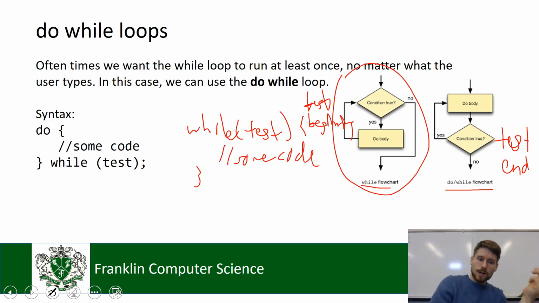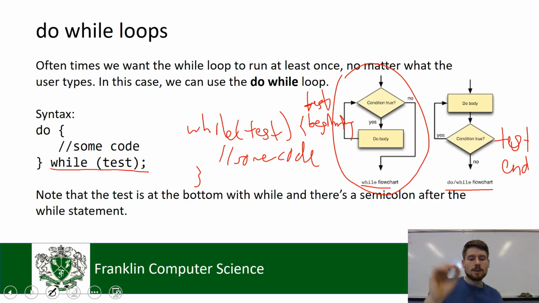Now we say do at the top, open curly brace, close curly brace, some code in between, and then you put the while test, and there's a semicolon at the end of that at the bottom. Note that this test is at the bottom. That's to remind you that the test is happening at the end, that the test is the last thing you do, and then if the test passes, you go back up to the top of the do, and you run it again.